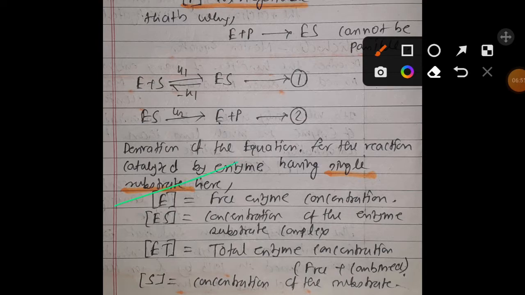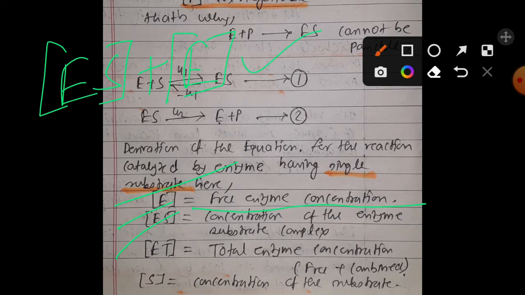First of all, this one tells us about the free enzyme concentration. That means enzyme which has a free active site for the new substrate. Okay, ES means the concentration of the enzyme substrate complex. ET means the total enzyme concentration, and the ET will be the sum of ES plus E, and that is obvious, right?